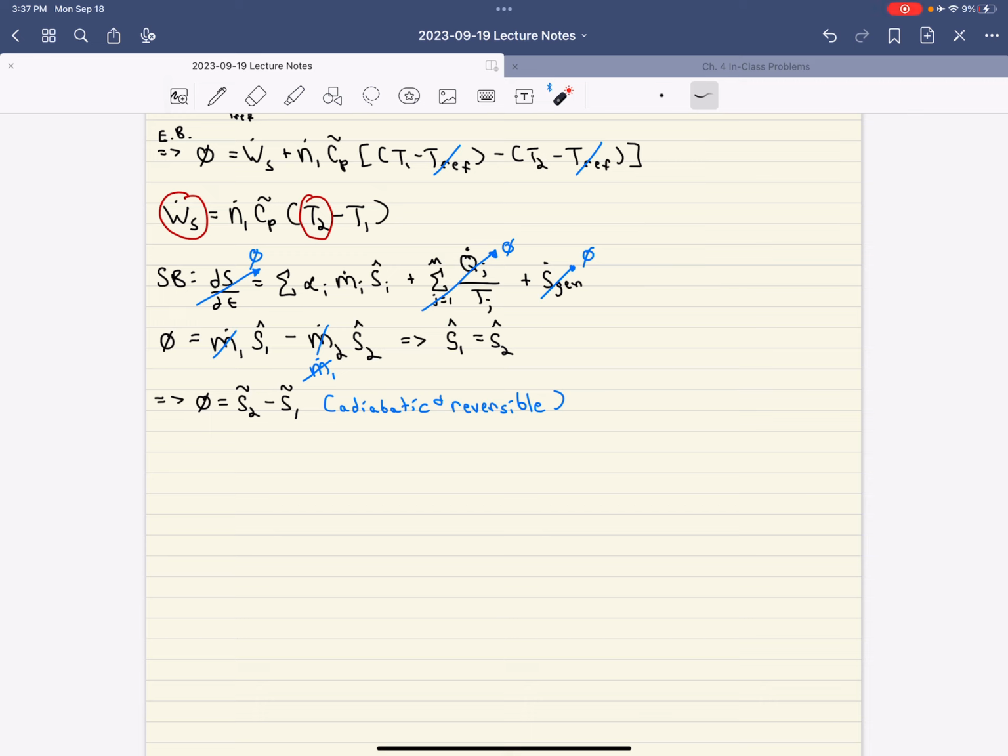Ultimately, what we want to do with this relationship is use it to figure out one of our unknowns in our energy balance, either Ws or T2. So we're going to use this entropy balance to get information about the temperature of the outlet stream from the compressor. And so to do that, we need to relate these entropies to temperature.